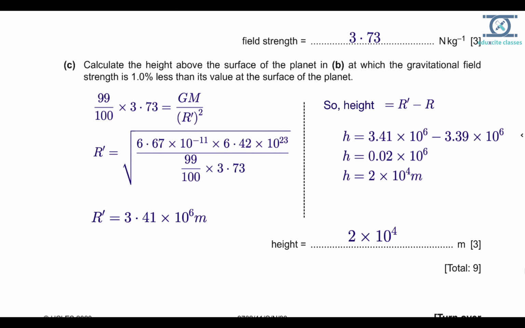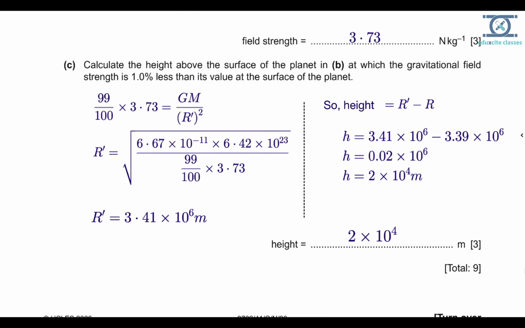That will equal GM upon R dash, the new radius from the center of the planet to the point where the field strength is 1% less. Calculating R dash, we get 3.41 × 10^6 meter.